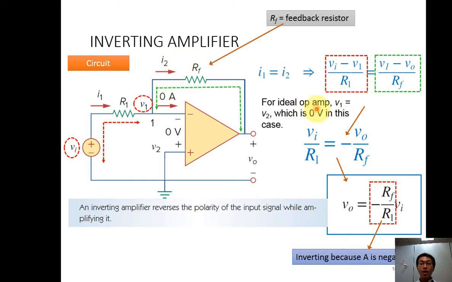So for an ideal op amp, V1 must equal V2. I know that my V2 is 0, so my V1 will be 0 as well.